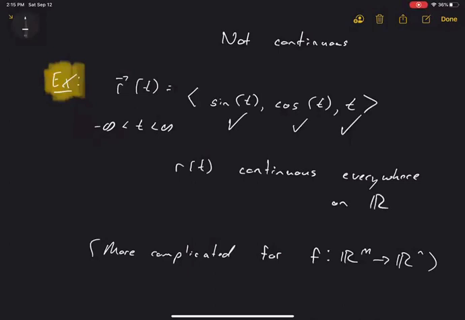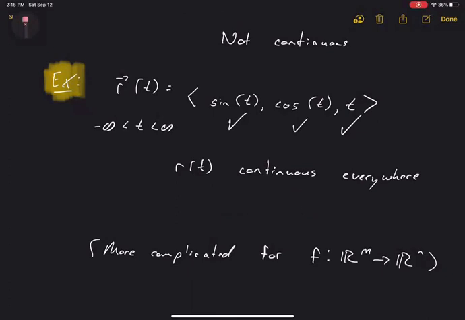Continuity is defined on the space we're coming from. So this is a function from R to R3, so its continuity lives in R. We would say our function is continuous on R, not R3.